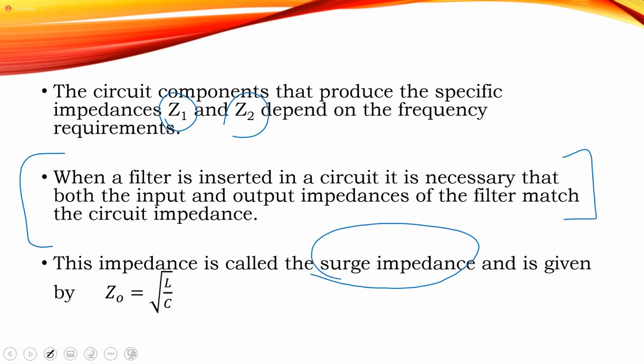Won't get into the details there. But in other areas of engineering, we'd refer to it as the characteristic impedance. All right? And so we are able to establish impedance matching on both sides. And so if you terminate the filter in its surge impedance, then you will not have what we refer to as reflection in the circuit.